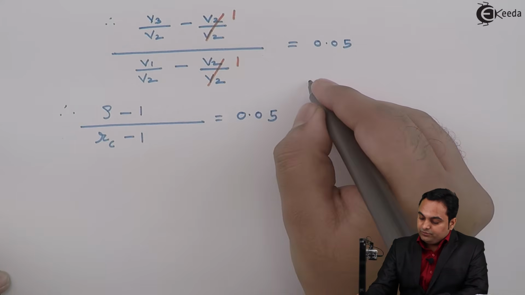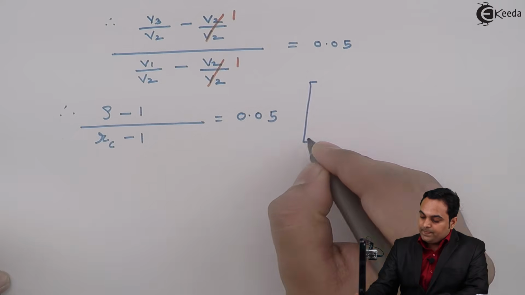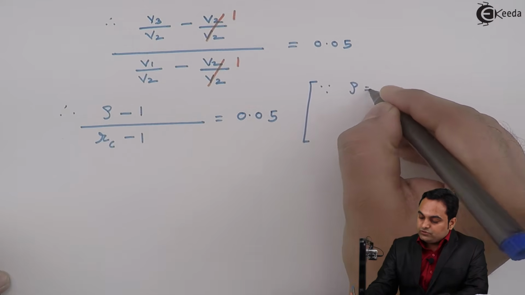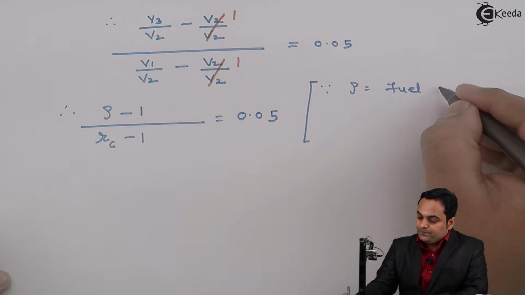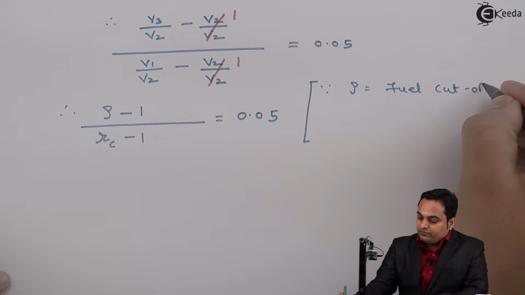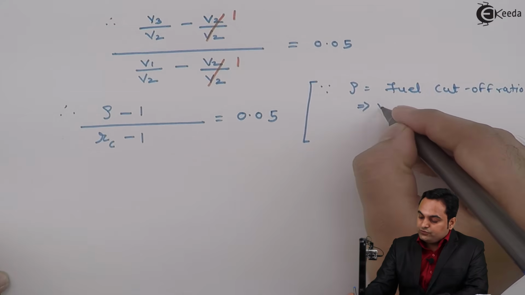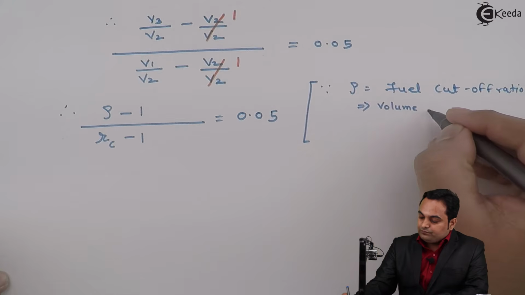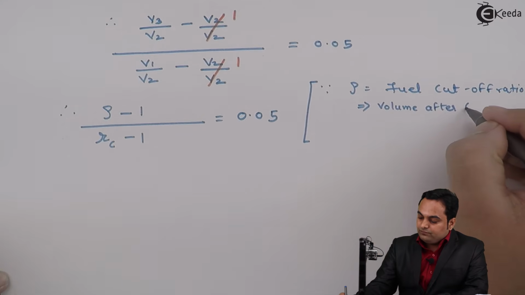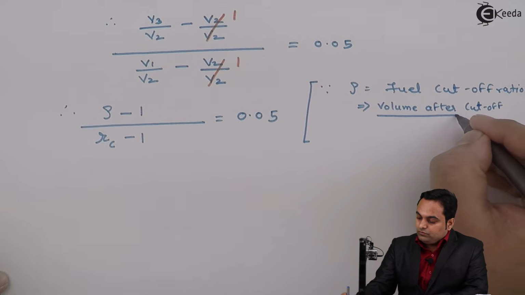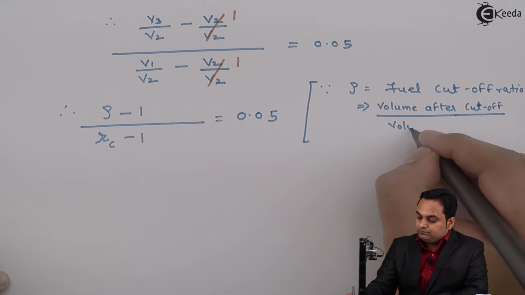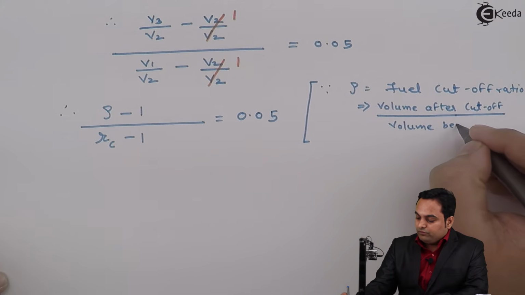and that is equal to 0.05. Here in the bracket I will mention that rho is called the fuel cutoff ratio, and fuel cutoff ratio is the volume after cutoff to the volume before cutoff.